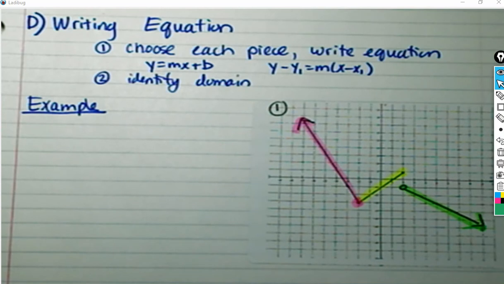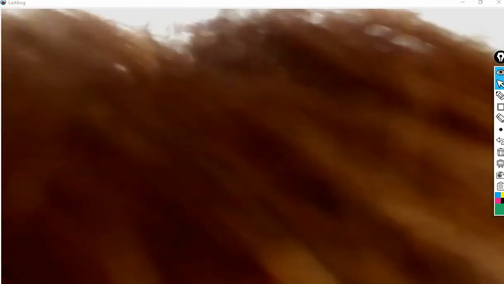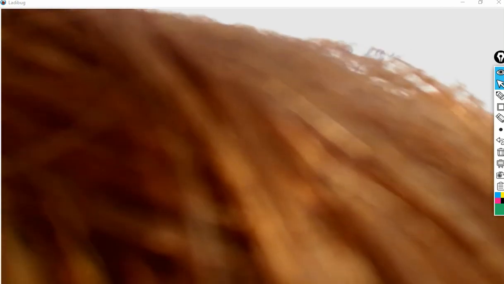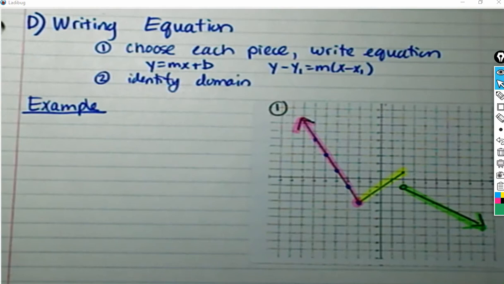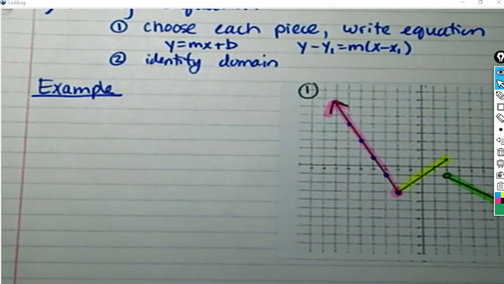How do I write the equation? Pick a point and a slope. As I look at my graph, I'm looking for points that go through the grid lines, because you need nice points. You're going to have to look at the graph and pick out the points that you can actually read off the graph. Go for integer points.